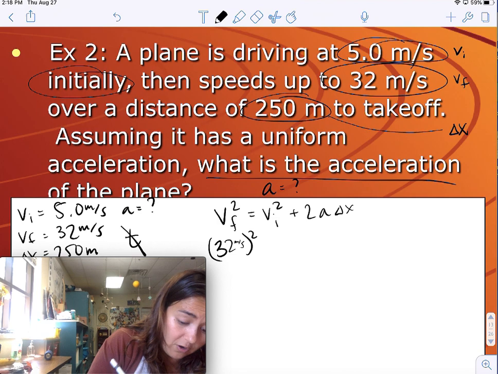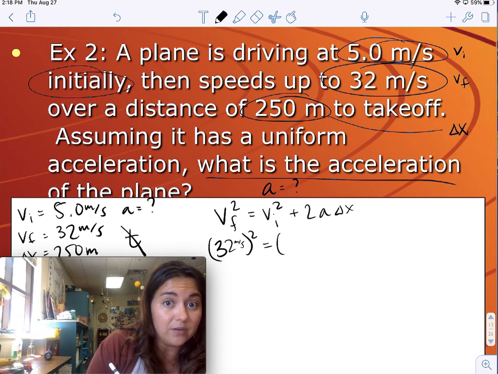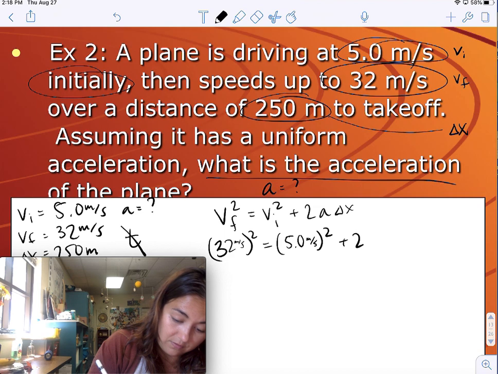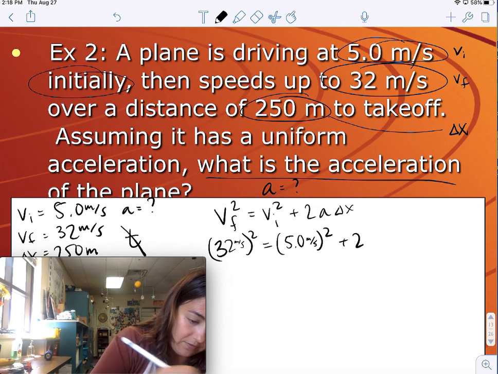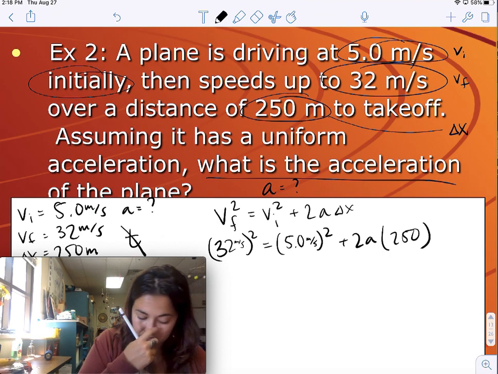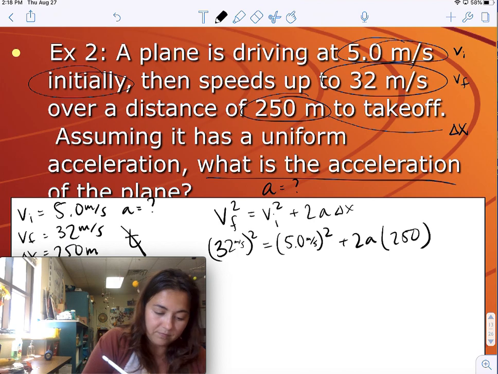For those of you who struggle with math, don't feel like you have to write the units in every time, but never leave off a negative or positive if it's specified, because that will mess with your answer. So we are looking for A, so I'm going to leave that A in the equation, and then times 250. So take it one step at a time.